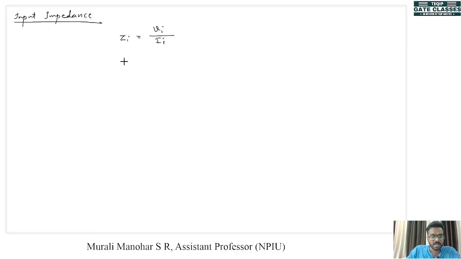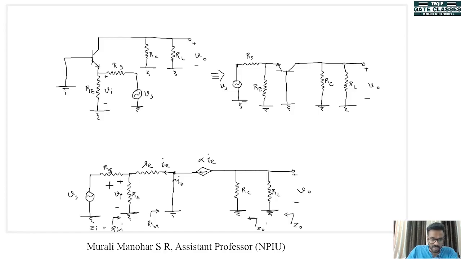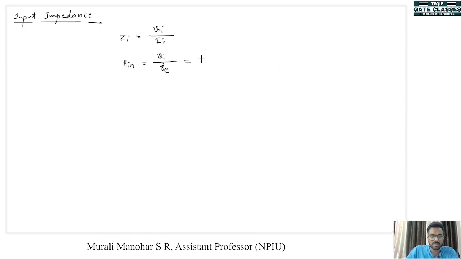That will be equal to Vi divided by IE. There is no voltage drop here, so across this point also we have Vi. So across re we have Vi, and Vi divided by IE will be equal to re.